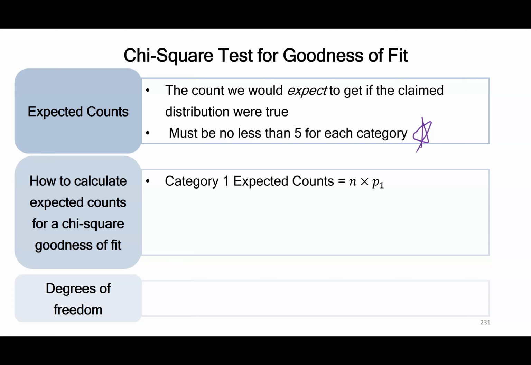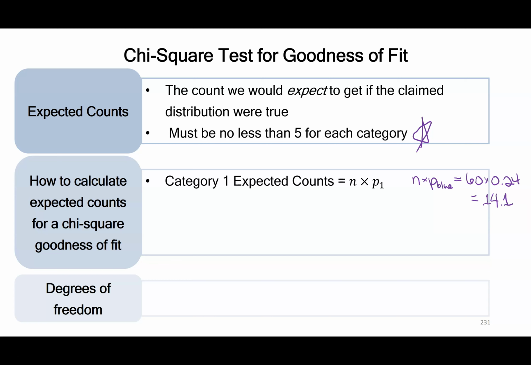So if I'm looking at blue, n times p blue, at least what's claimed, that's 60 times 0.24. Because this is not math I can do in my head real quick, 14.4.